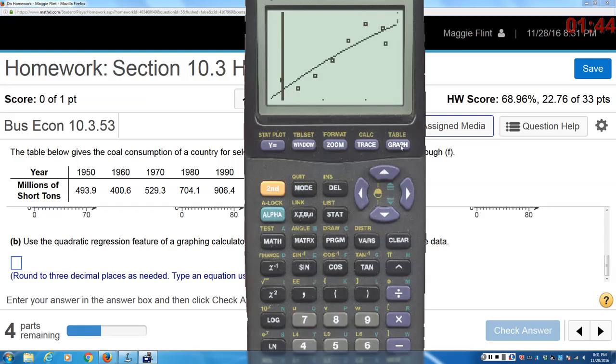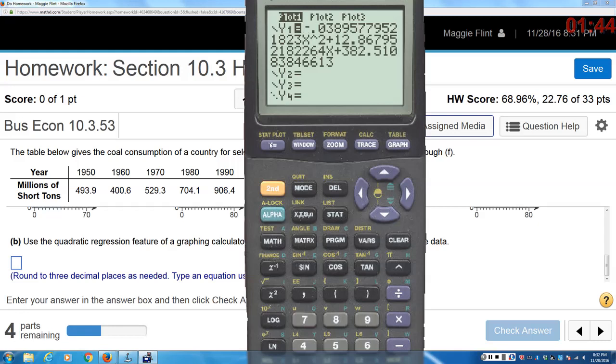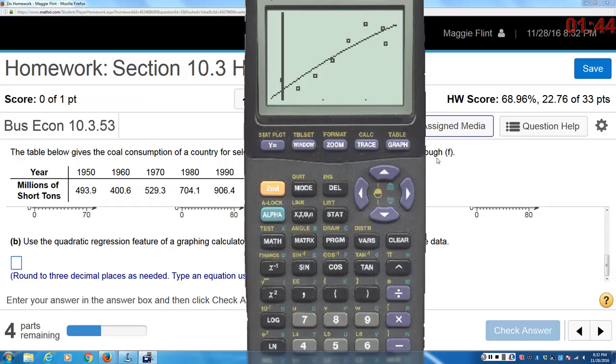And it didn't fit too good. Did not fit too good. But if you look at it, does a quadratic equation really look like it would fit?